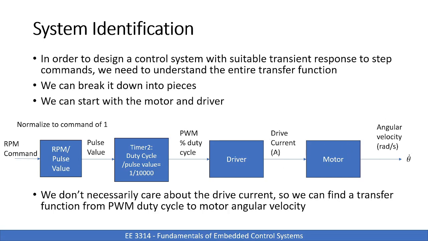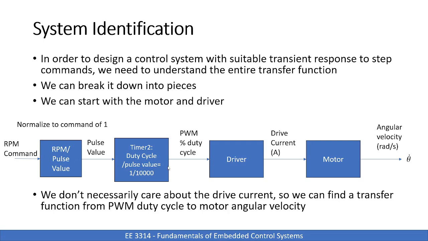So a lot of this stuff we don't really care what the specifics are. We don't really care what the specific drive current of the motor is. We don't really care what percent duty cycle specifically causes it to turn at a certain RPM. What we really want is for us to put in an RPM command here and have the motor give us that specific RPM that we commanded.